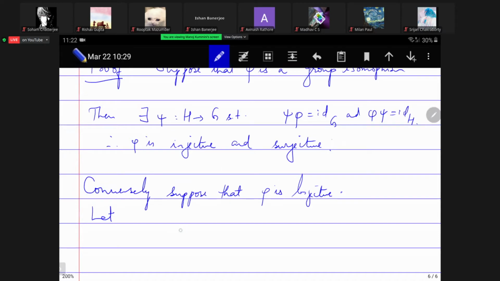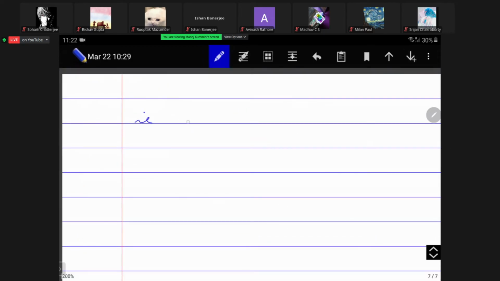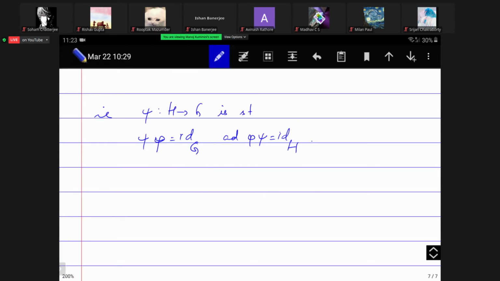Let psi be the inverse function from H to G. Then if you apply phi first and then psi, this is the identity map on G, and if you do it the other way around, this is the identity map on H. This is just as functions.